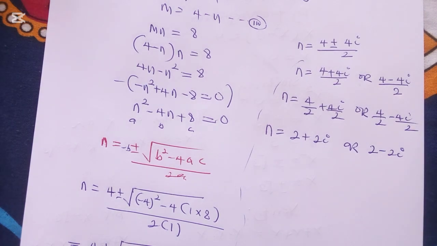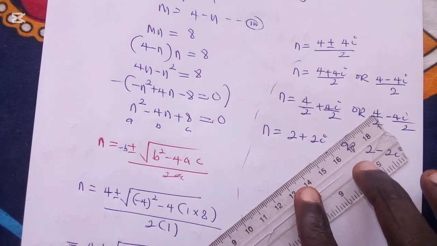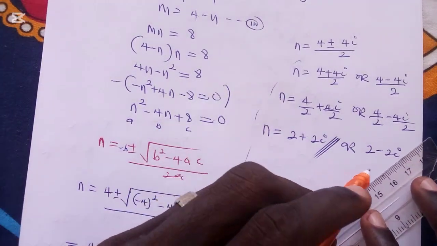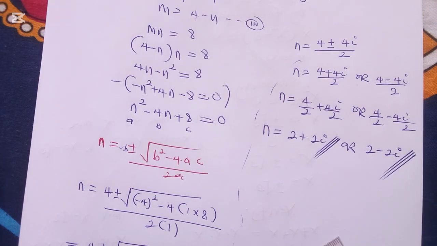So therefore we can say the values of n that we are asked to find are 2 plus 2i and 2 minus 2i. So these are the values of n that we are asked to find.